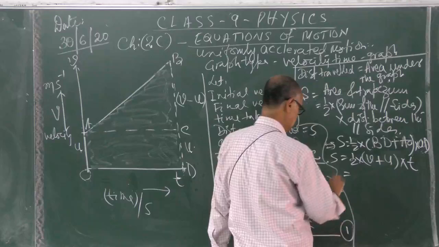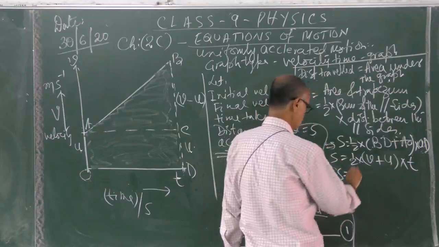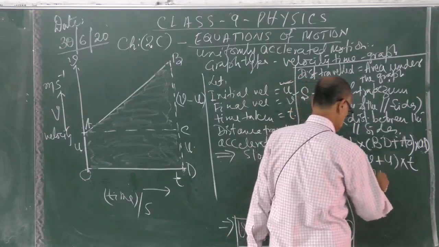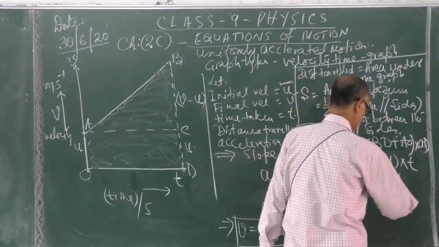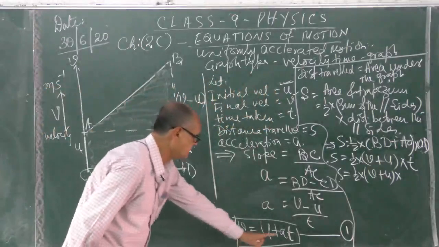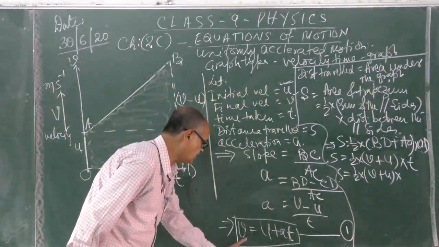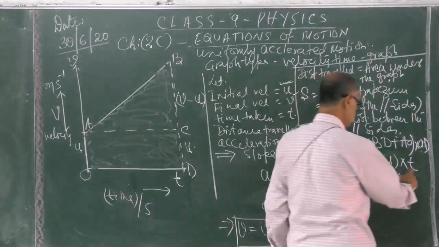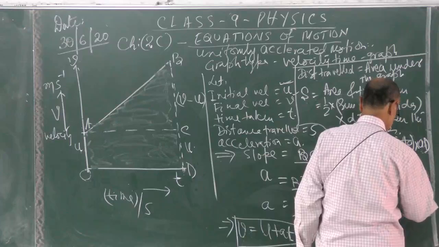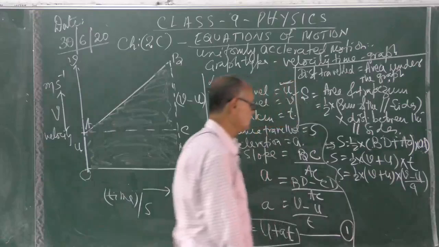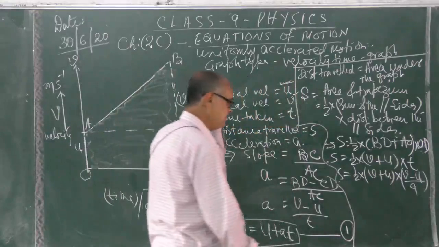So thus we get S is equal to 1/2 into V plus U into T. The T value can be taken from equation number 1. It will be V minus U by A. By eliminating T, it is V minus U divided by A. So it comes in here.